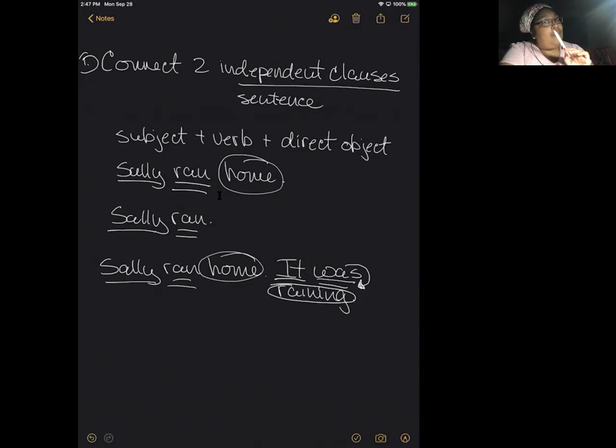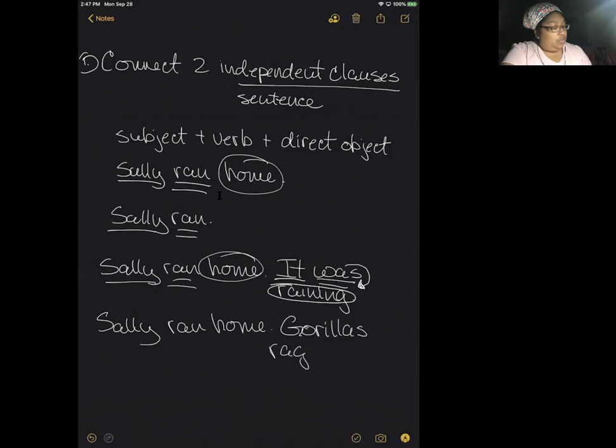This is another thing you have to keep in mind when you're connecting two independent clauses: they have to relate to each other. So if you had Sally ran home, gorillas raged at Walmart, all of my examples are extreme, by the way, you'll love this.